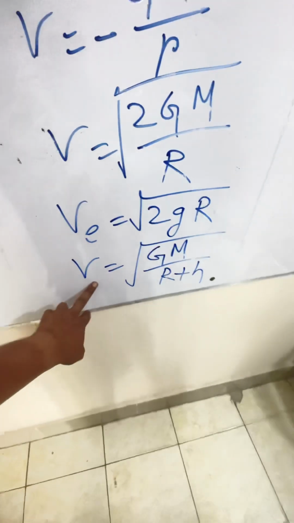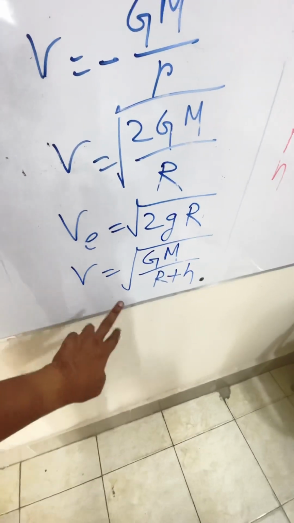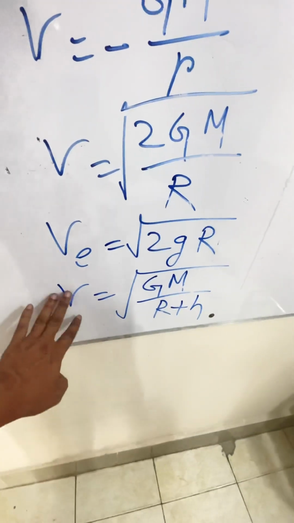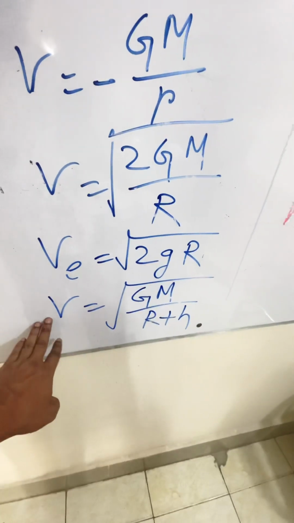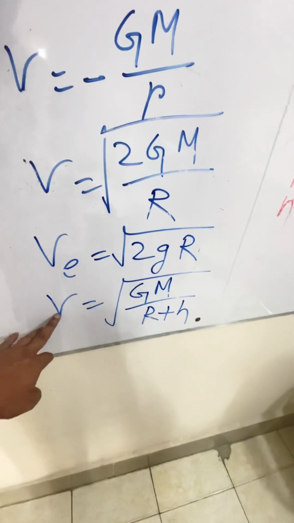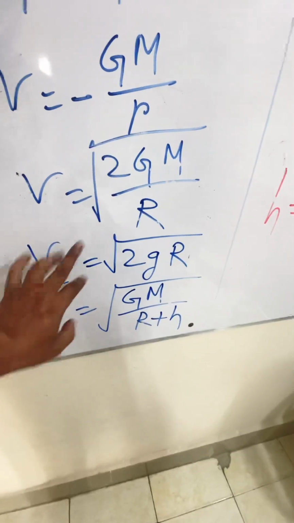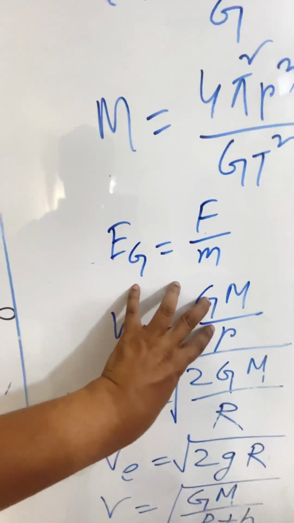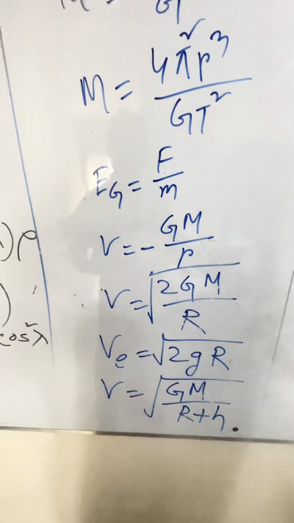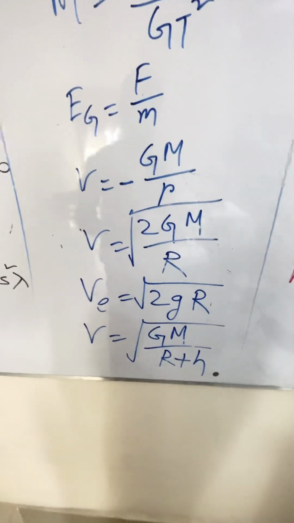And another formula: this is actually the velocity of any planet or of any satellite. This is the velocity of any planet or any satellite, not the escape velocity. That one is the escape velocity. And this is actually the velocity of any satellite.